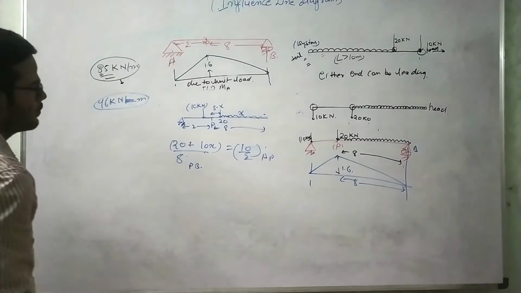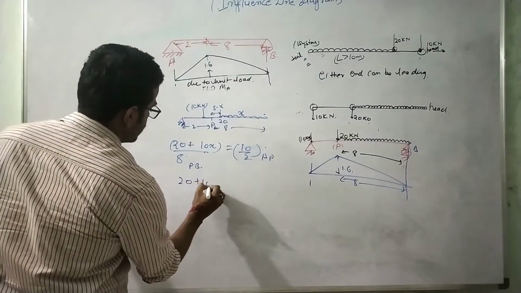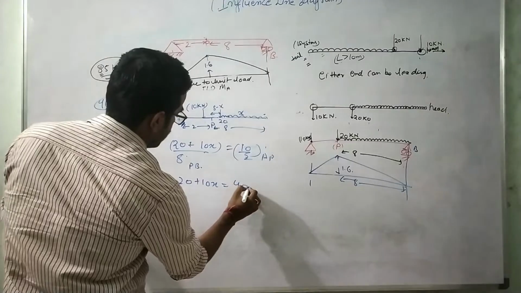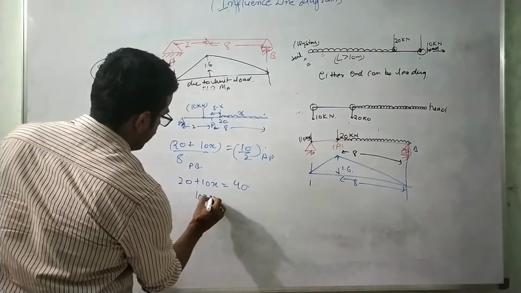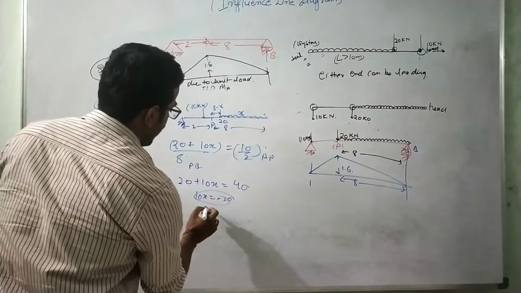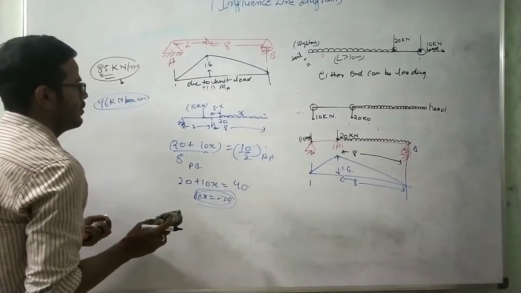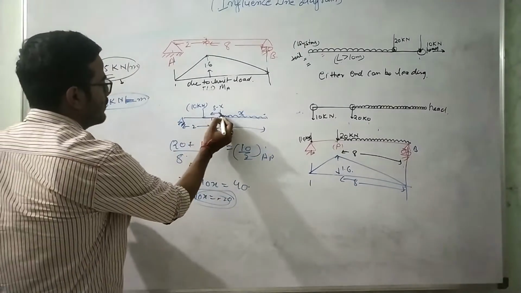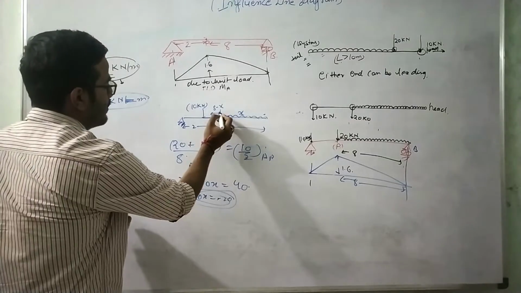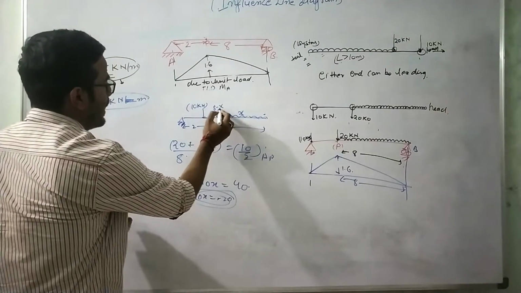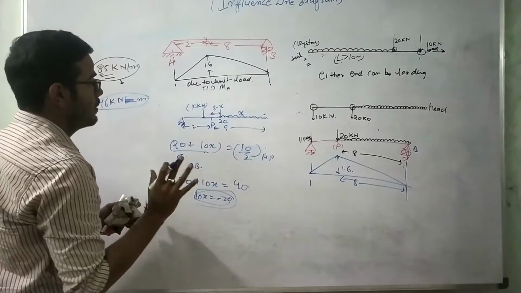So if we solve this equation, 10x equals minus something, so x is coming out negative, so there is no condition possible where this load should act at the right of P so that this value comes out to be maximum.